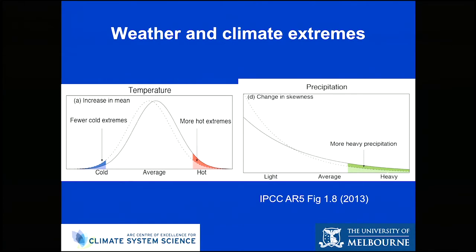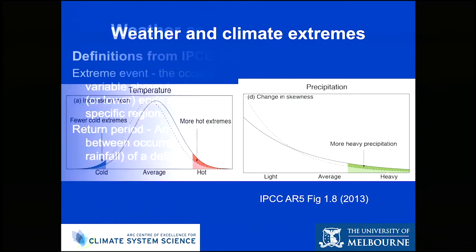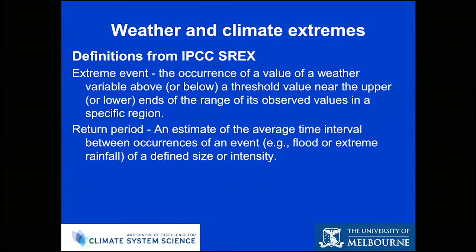Typically, the indices, and this is, I think, why I had the definition up before, is the definition of an extreme event: the occurrence of a weather variable above or below a threshold value near the upper or lower tails in the range of observed values. It's how you define that threshold, which can be really, really important.